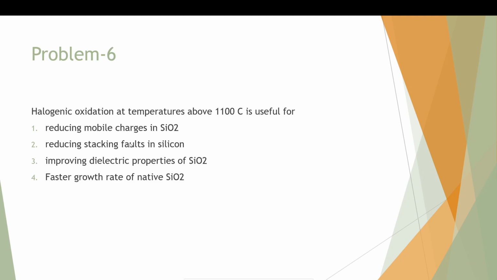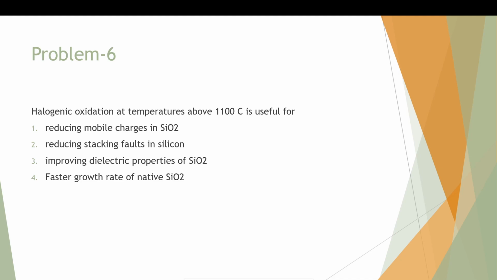So, what are these stacking faults? I can maybe talk about that. These stacking faults are basically when I am doing a native oxide growth, oxygen is coming inside the silicon, right? So it's diffusing inside the silicon and forming SiO2. But at the same time, once some amount of SiO2 is made, the silicon is more in the bulk of the substrate and lesser in the SiO2 region.